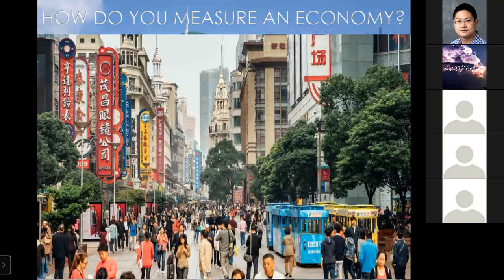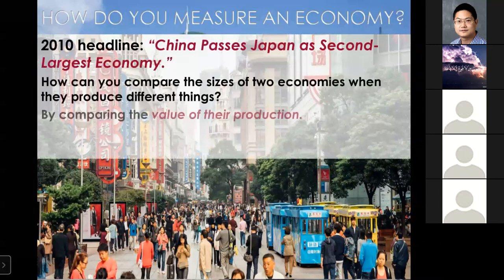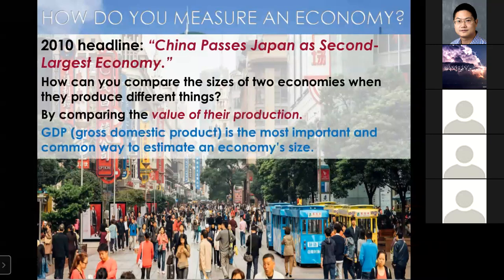Now let's start with the big question: how do you measure an economy? Like this background picture shows, a typical economy has so many different businesses and economic activities. So how can we measure an economy, and why is this relevant? Think about the newspaper. In 2010 it said China passes Japan as the second largest economy.